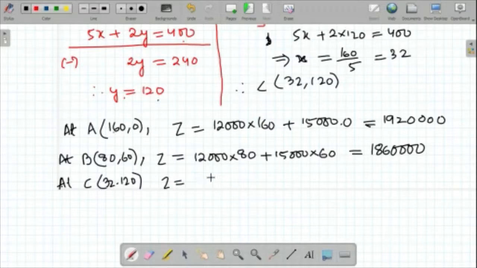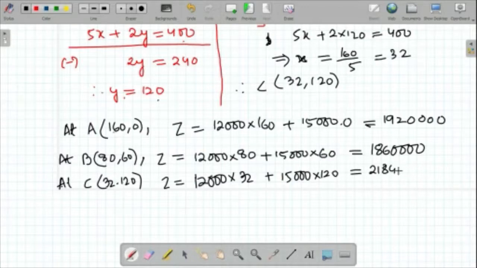So the value of Z is going to be 12,000 into what is X here? 32 plus what is Y here? 120, and after a little bit of calculation you will get the value 2184,000.